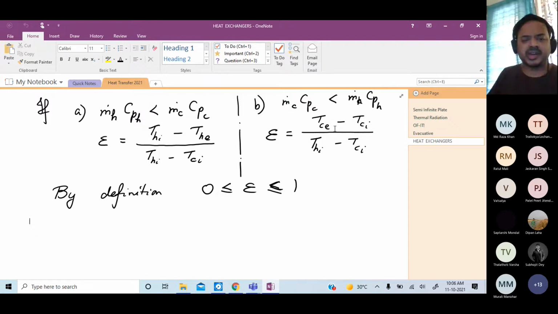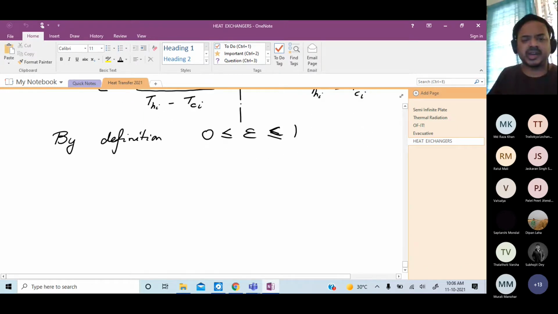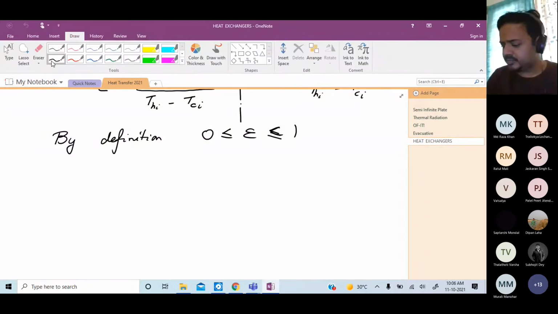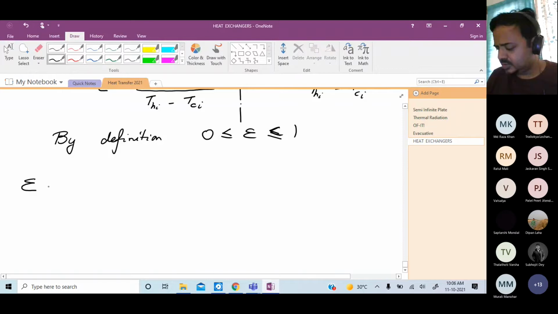Can we get an expression for effectiveness? We will start with parallel flow.